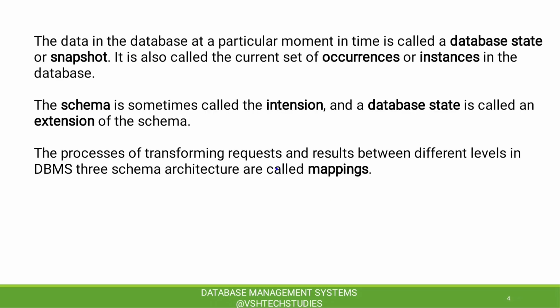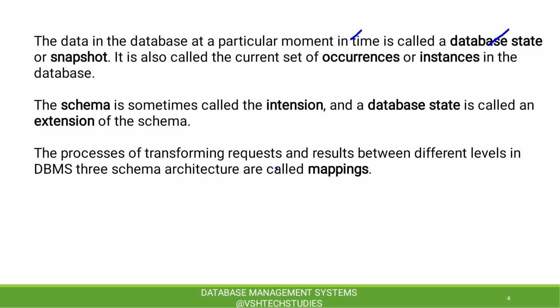Okay. So the next term that we should know is database state. The data in the database at a particular moment in time is called as database state or snapshot. Means database will be having tables, so whatever values are stored in the tables.